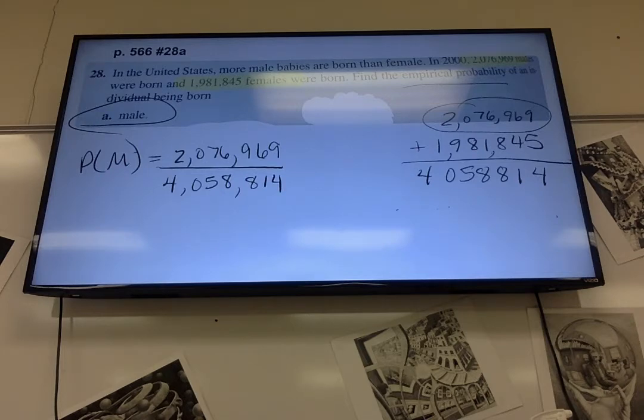I can see they're not both even because they don't end in even numbers, so I'm just going to leave it like that. So on top is the number of males because that's what we were looking for, and on bottom should be the total, always, all of them added up.